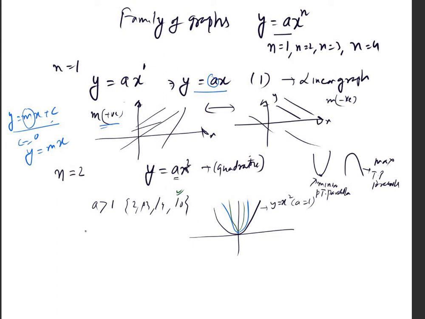But then if my a is between 0 and 1, so that means if a is a fraction, let's say half, or 1 by 3, or 1 by 4, or 1 by 5, and so on, then if I redraw the graph of y equals x squared, let's say this was the graph for y equals x squared. Now, if a is half, you know what's going to happen? It will start to dilate outwards.